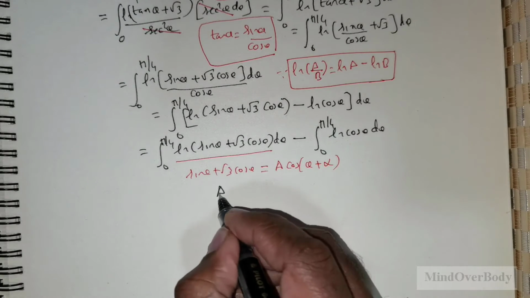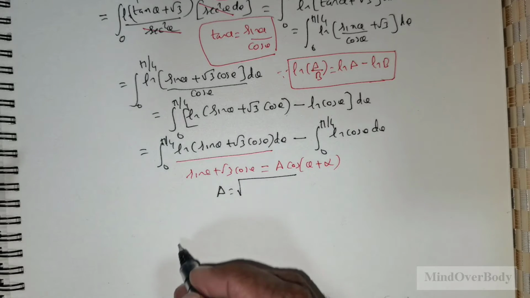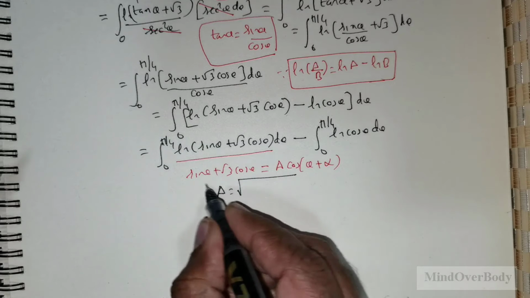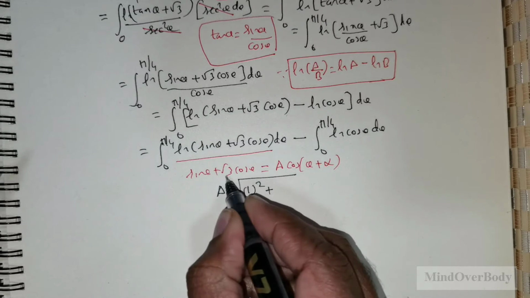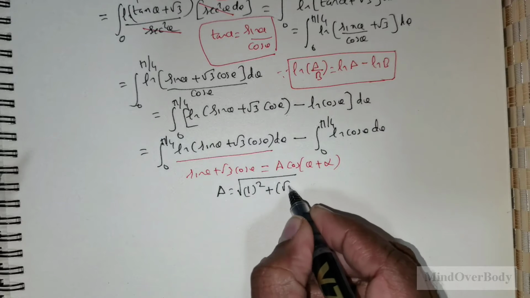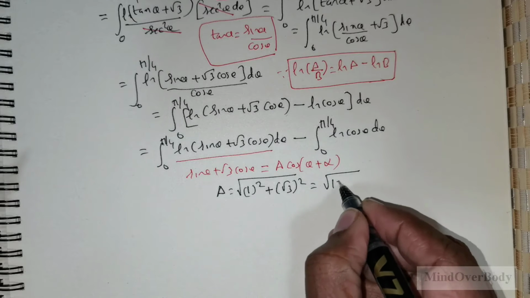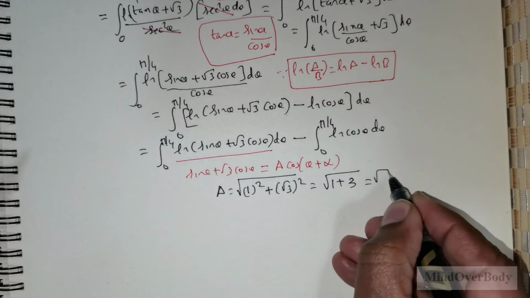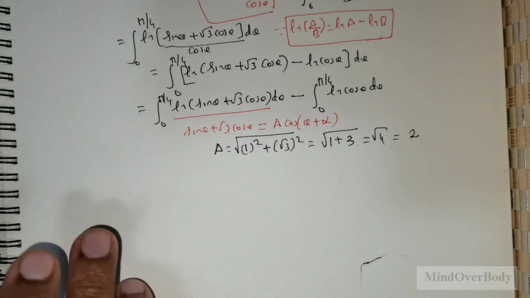Now my a value is obtained by taking the square root of the coefficient of sin theta, which is 1, squared, plus the coefficient of cos theta, which is root 3, squared. So this is going to be root of (1 plus 3), which is root of 4, which is equal to 2. I'm only taking the positive value.